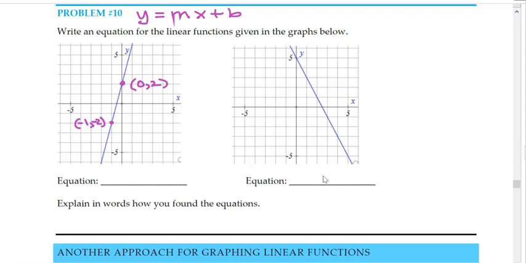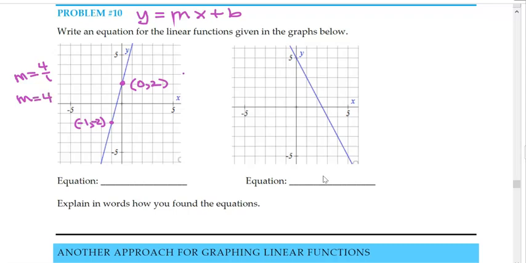So 1, 2, 3, 4 is my rise. So this is my slope. I'm going to write it here: 4, and then over, let's see, sorry, so up 4 over 1. So 4 over 1, or just 4.